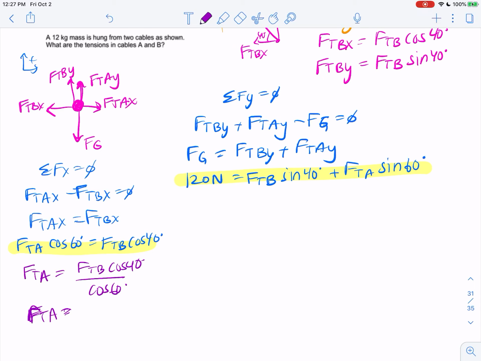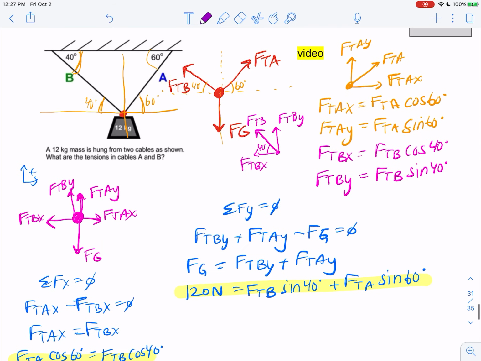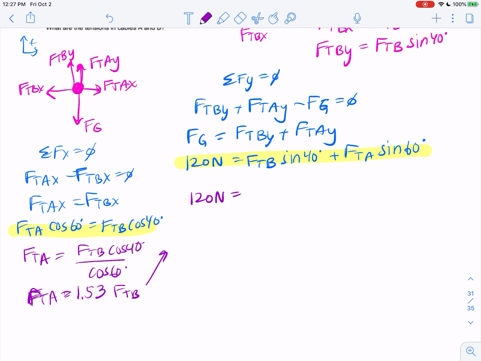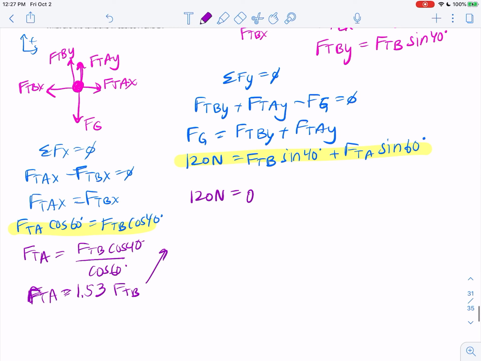Now I feel like I better double check that. 1.53 FTB. Is that right? 40 was with the B, right? Yeah, okay. Now I can take that and substitute it in here. So I have 120 newtons, FTB sine 40. Let me get a number for sine 40 also: 0.64 FTB, plus, let's get a number for sine 60, 0.87.